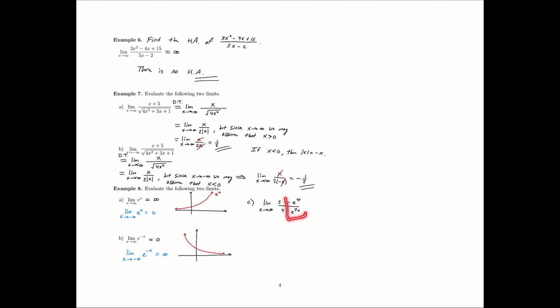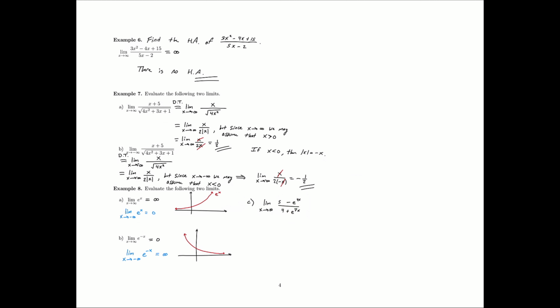Now these two exponential terms, they will change. We know that e to the 4x and e to the 7x are both going to grow. You can think of the 4 and the 7, the coefficients in the exponent on e, as scaling factors. They're going to change the amount of growth. There's still going to be very fast exponential growth, but e to the 7x will outpace e to the 4x as x goes to infinity.